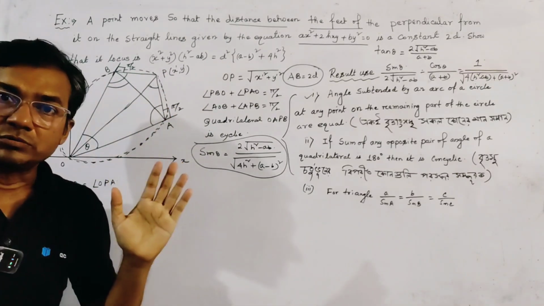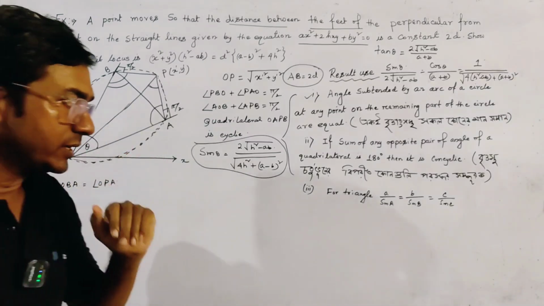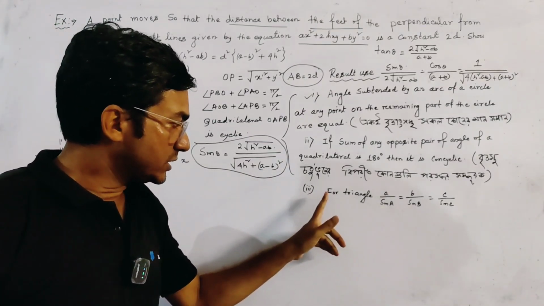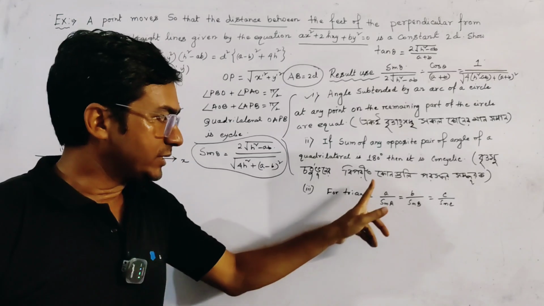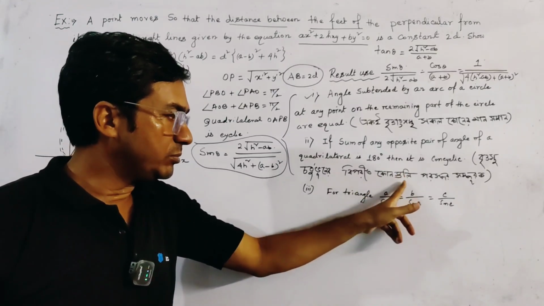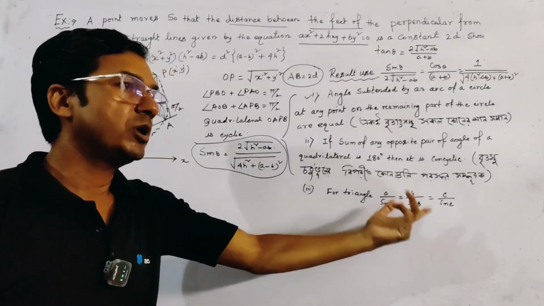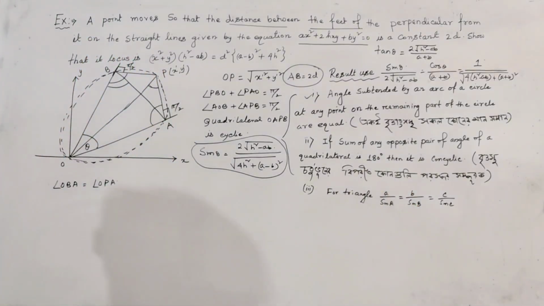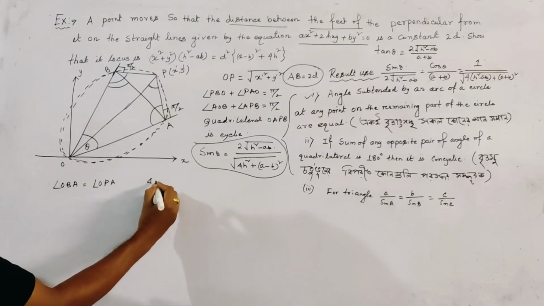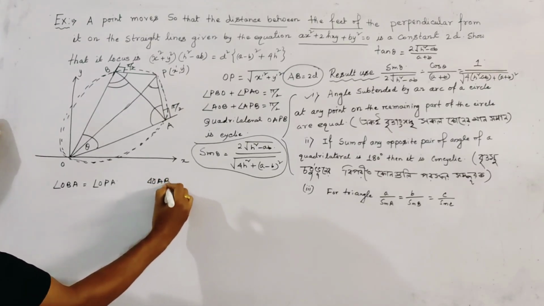Now here we use a property of triangle: for a triangle we know that A by sin A is equal to B by sin B, and this is equal to C by sin C. This is a very popular property of triangle, and now we use this property for the triangle OAB.